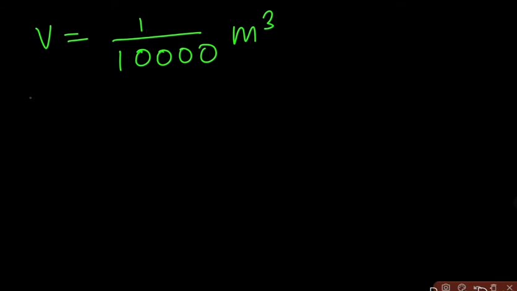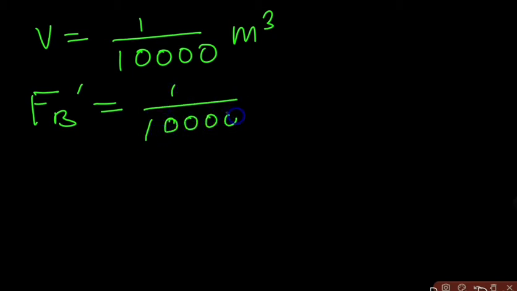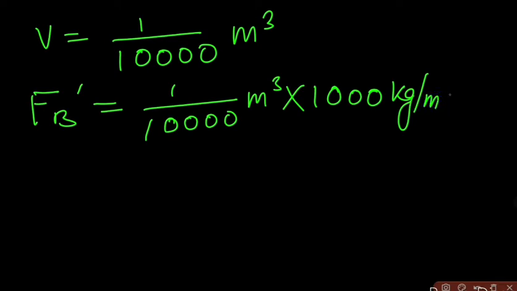Now putting this value we shall get the upthrust: V rho, which is 1000 kilogram per meter cube, multiplied by the acceleration due to gravity.